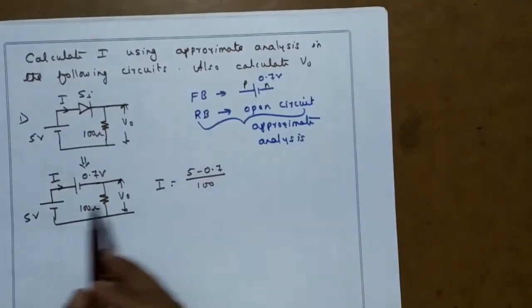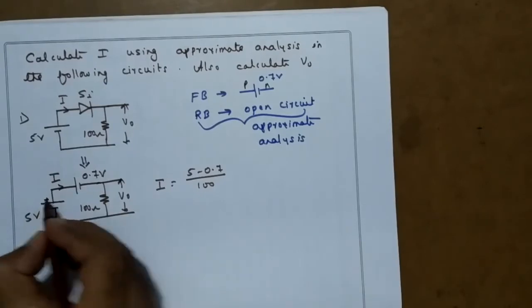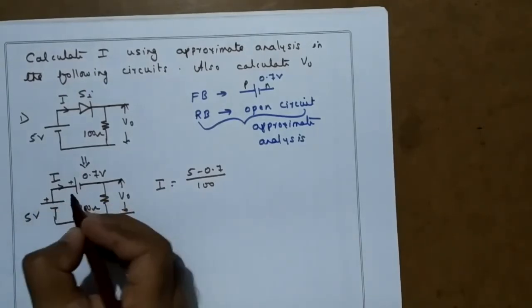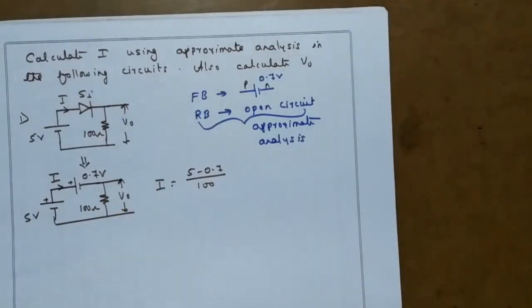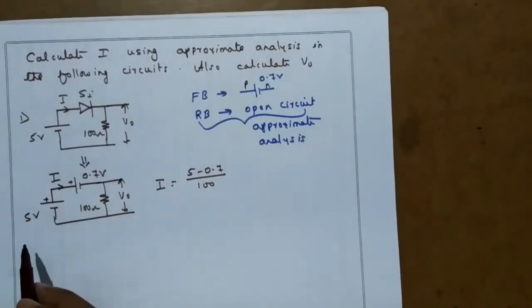What is minus 0.7? Because see here, if two positive terminals of two batteries are connected together, then the voltages will get subtracted, positive positive or negative negative.